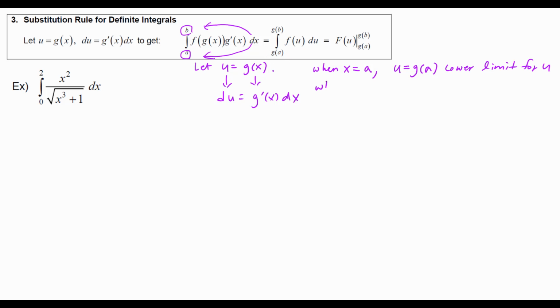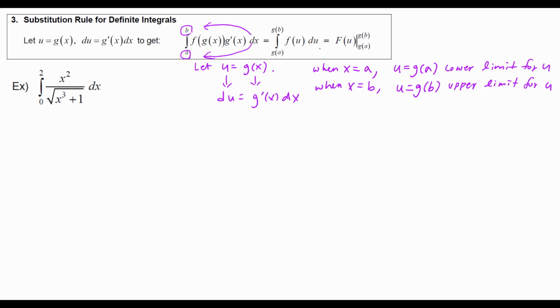And then when x equals upper limit b, you can find the upper limit for u. Since u is g of x, you can plug in b to get the upper limit for u. So then your integral now becomes the integral from g of a to g of b of f of u du.